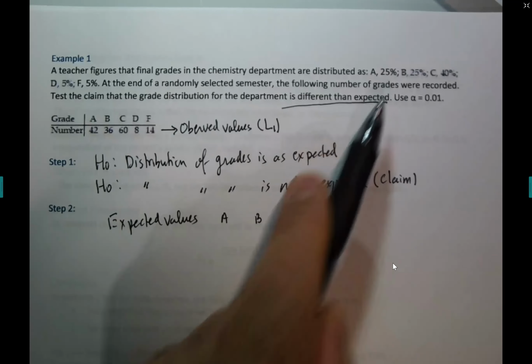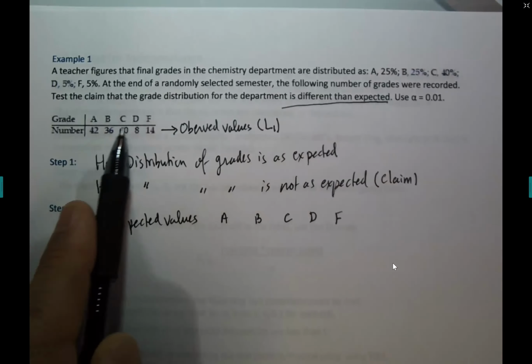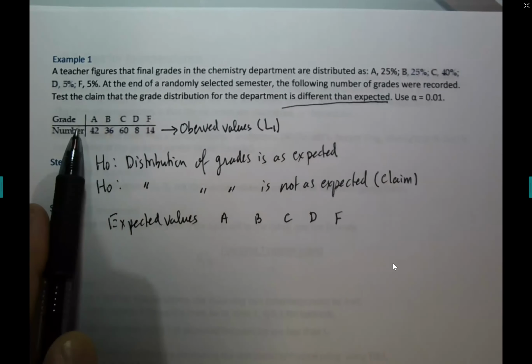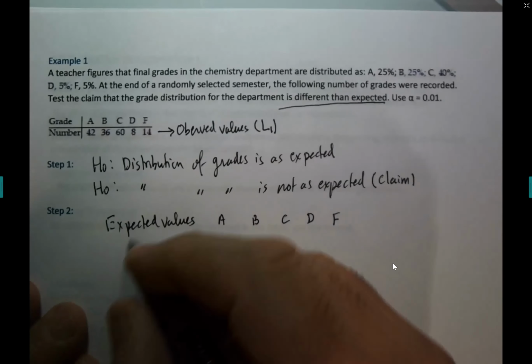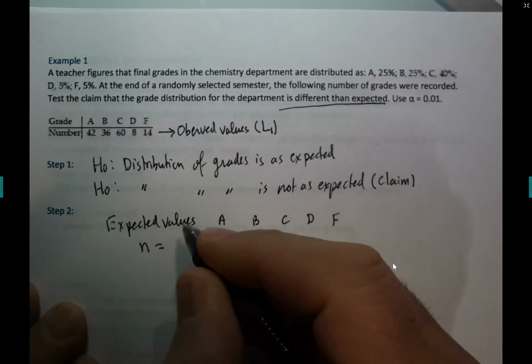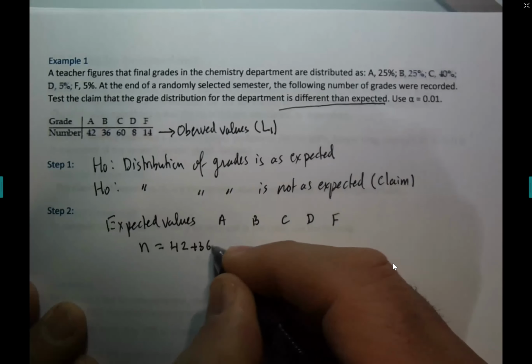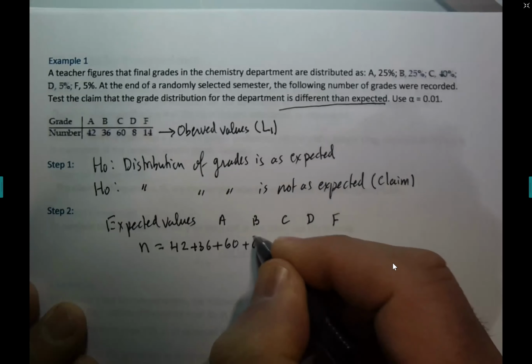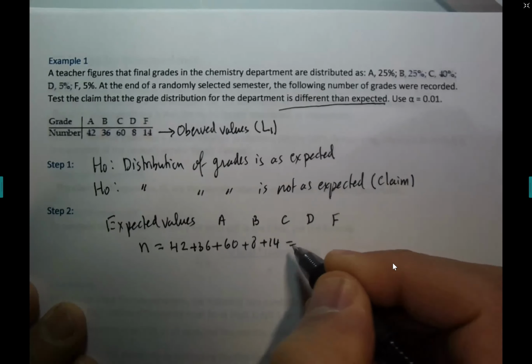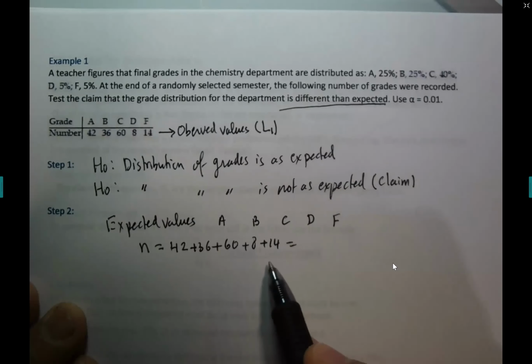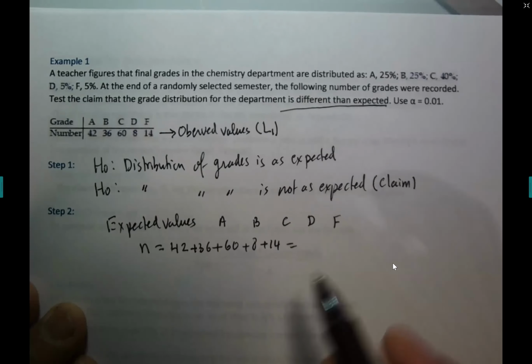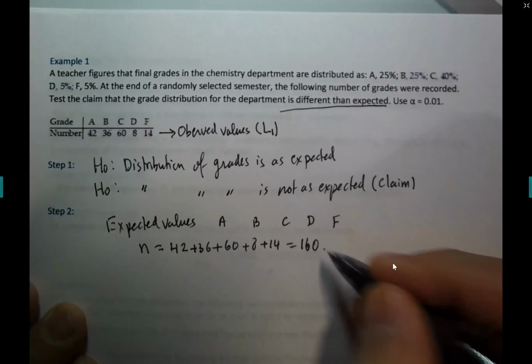He didn't give me the total, but what you can do, guys, you can add them up right here and figure out the total. So what's N here? 42 plus 36 plus 60 plus 8 plus 14, which is what? 160. 160. Thank you.